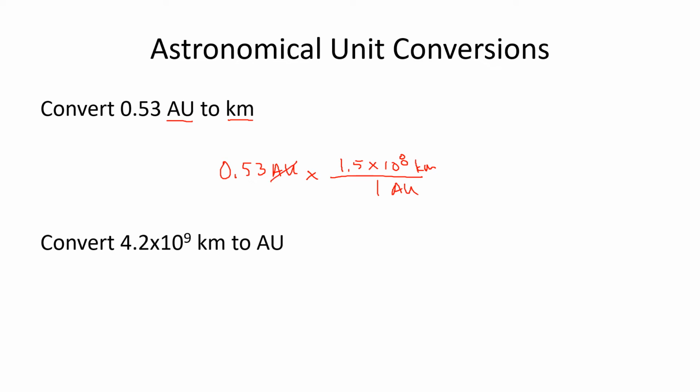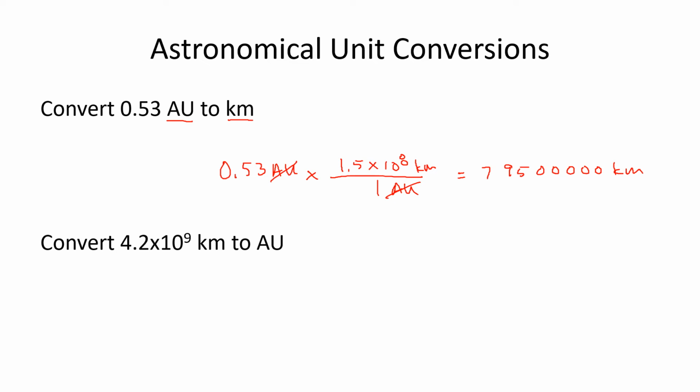If you set it up like this, you can see that things cancel out. On my calculator: 0.53 times 1.5 times 10 to the 8th equals, and I get 795,000 kilometers. Try that on your calculator and see if you get the same thing.